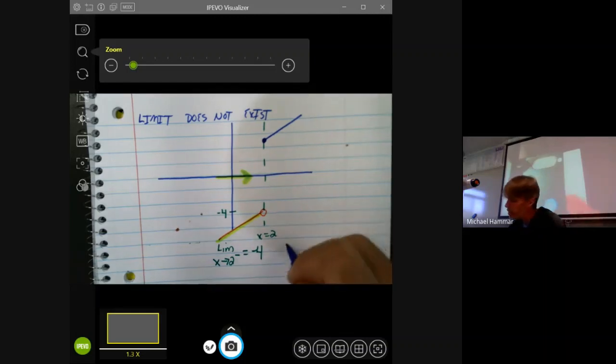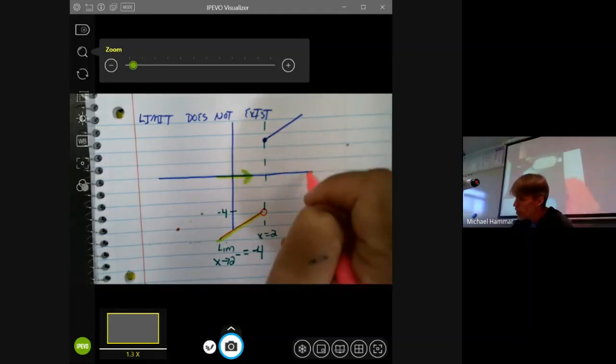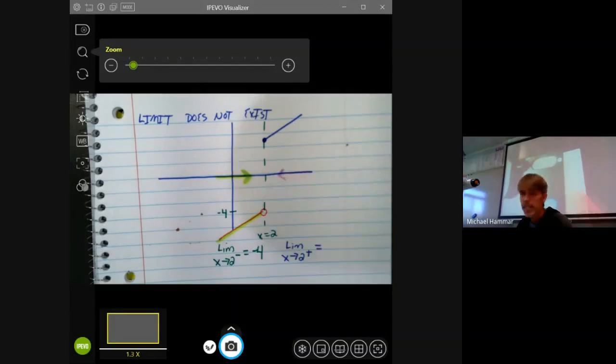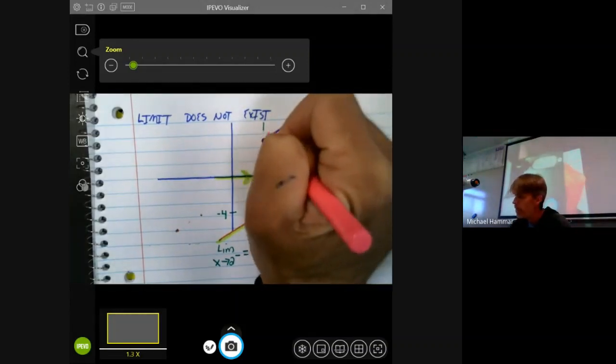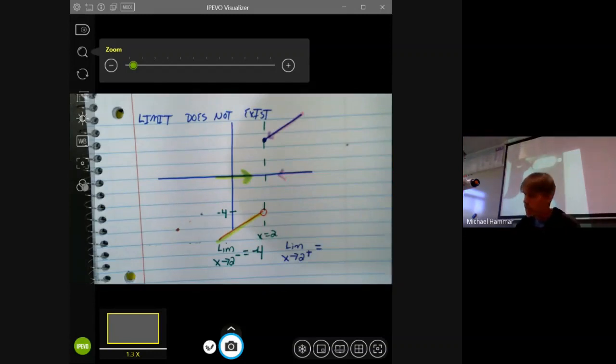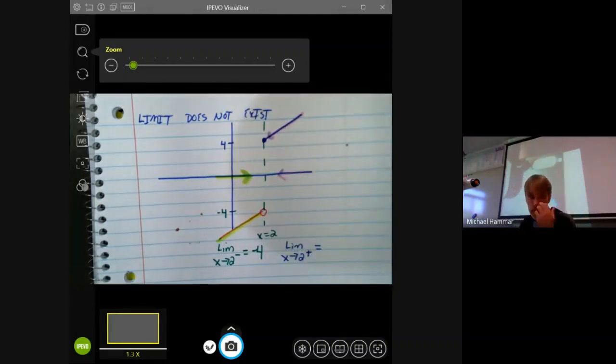Now, what is the limit as we approach 2 from the right? Okay? So, as we approach it from the right, we are approaching 2 from this side and in this direction. So I'm going to follow along this graph, and you're going to notice that this goes to a very different spot. This doesn't go to -4. This one goes to +4.